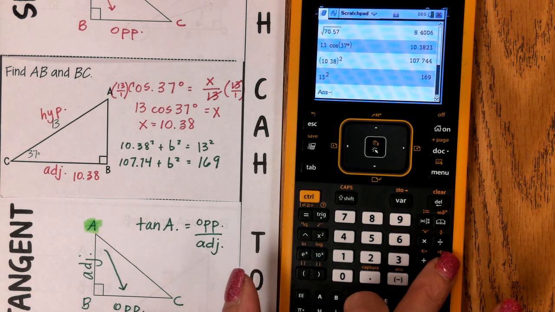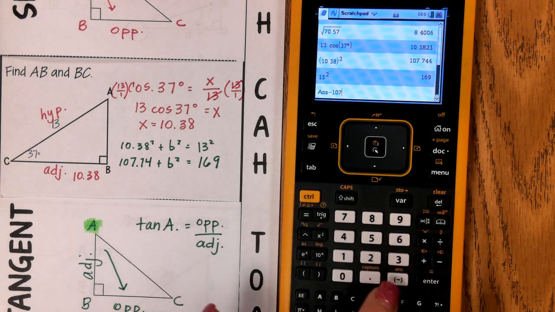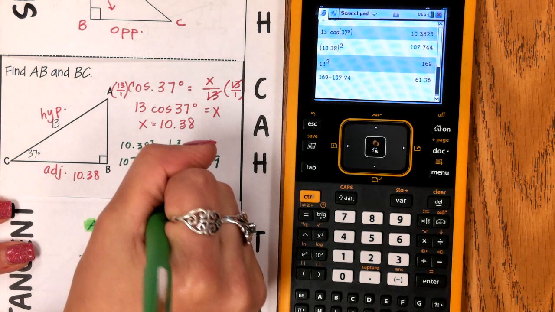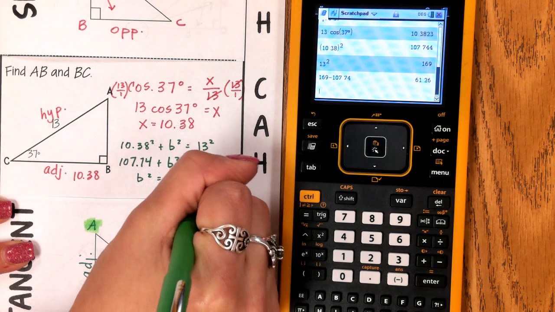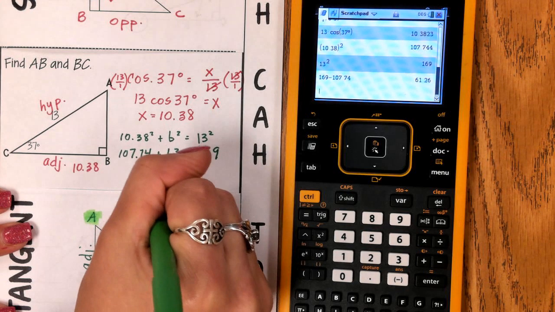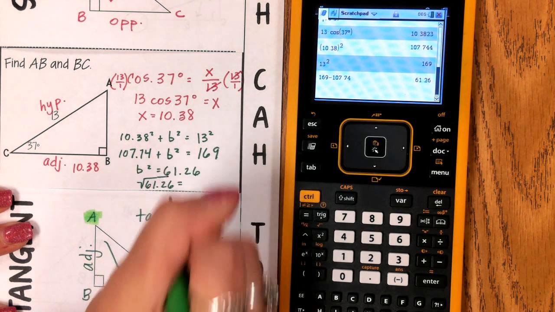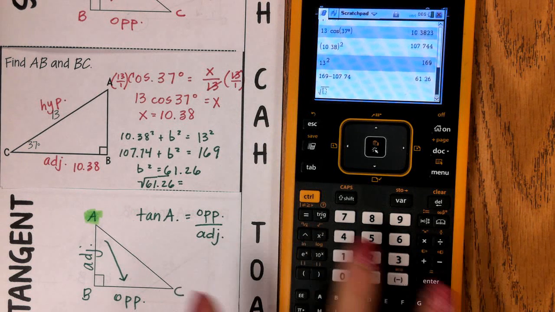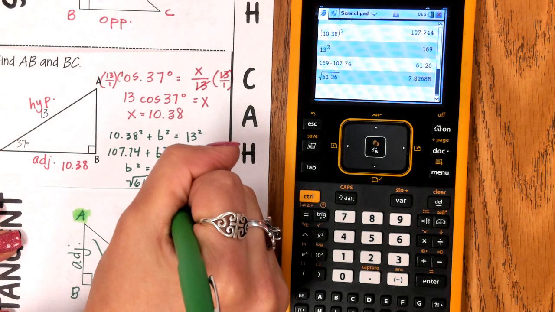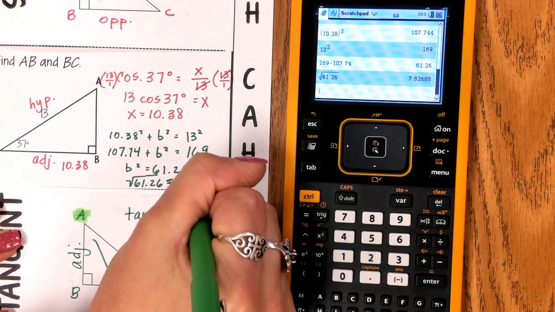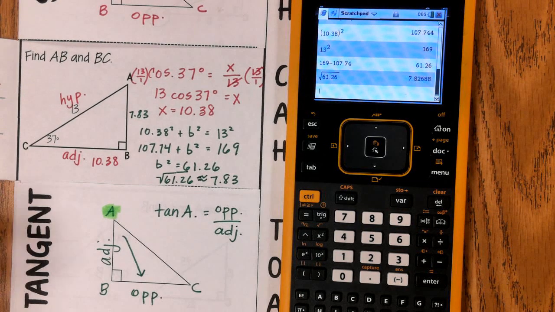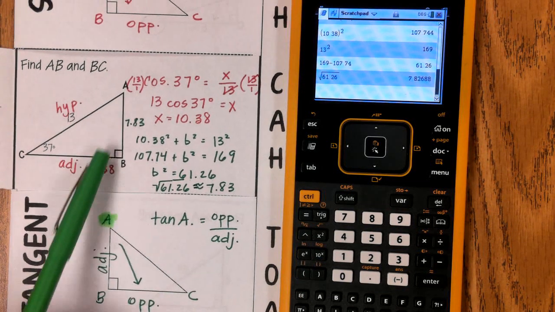So I'm going to subtract. That means that B squared is the same as 61.26. And then your last step would be to find the square root of that, which would be about 7.83. So that gives you the AB measurement there.